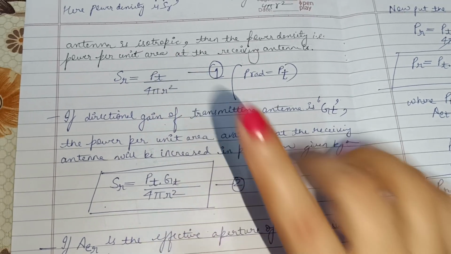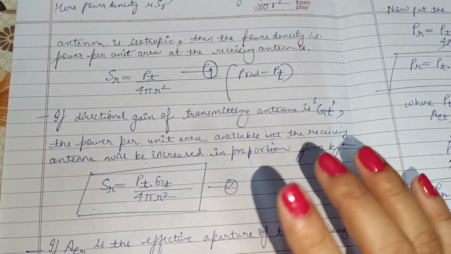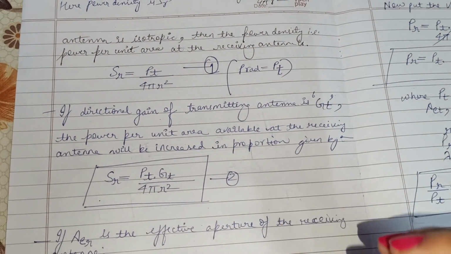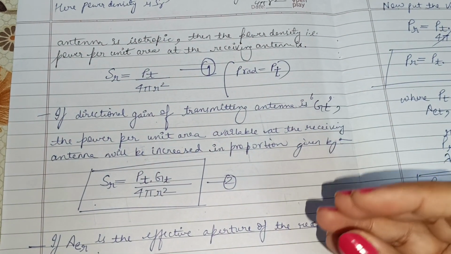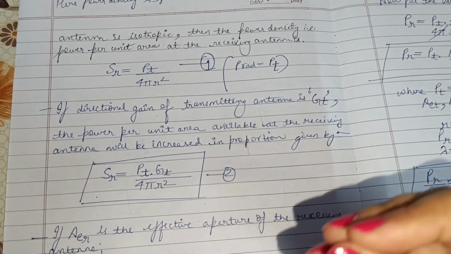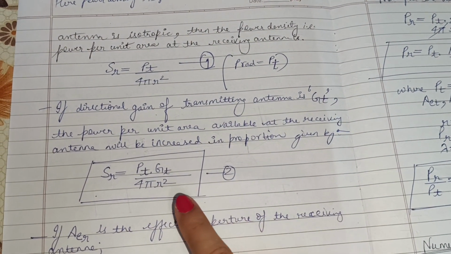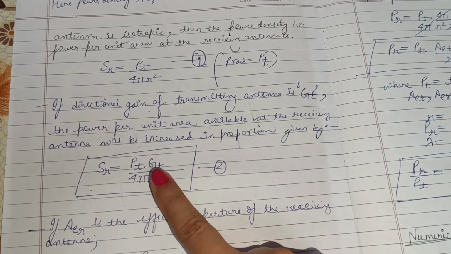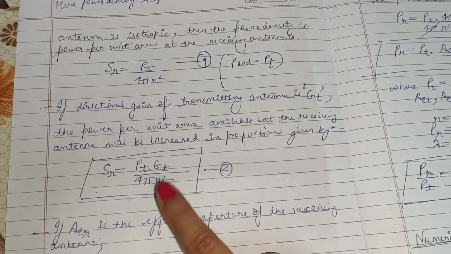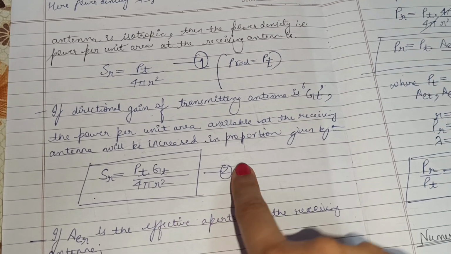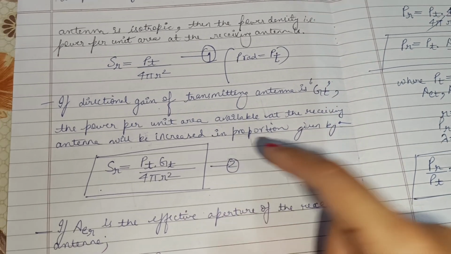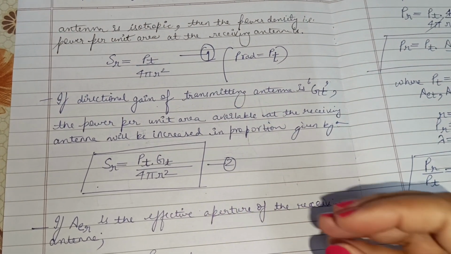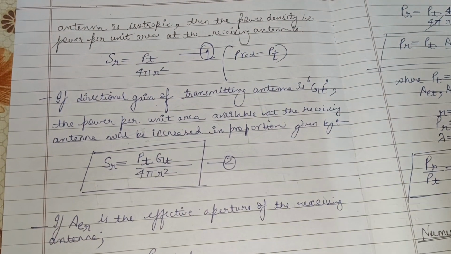And if we multiply this by the directional gain GT, then there will be more gain of the antenna, that is, SR will be increased in proportion, and that is given by PT GT by 4 pi r square. This is equation number 2. Now we want to find the power received by the antenna.